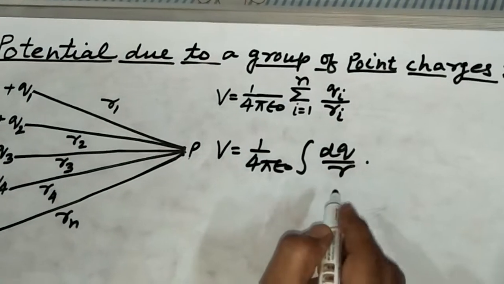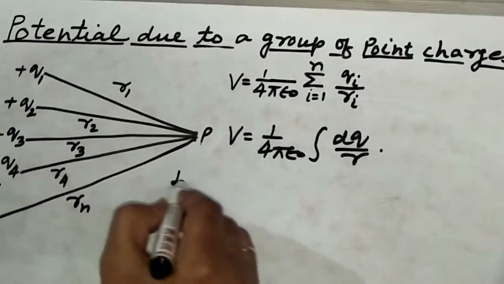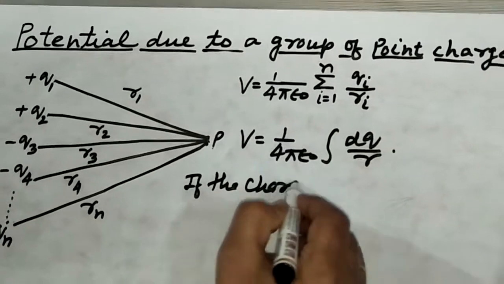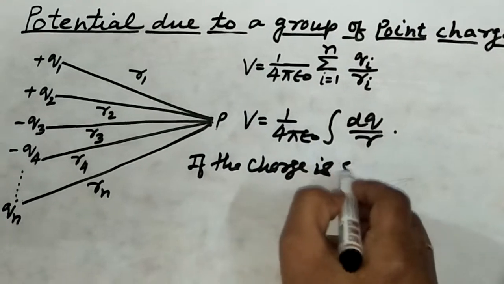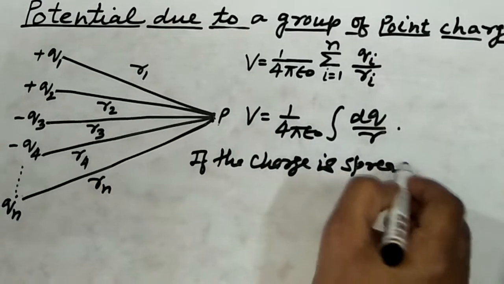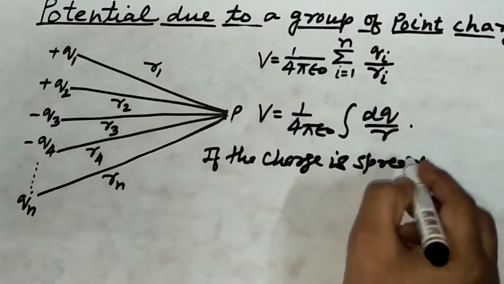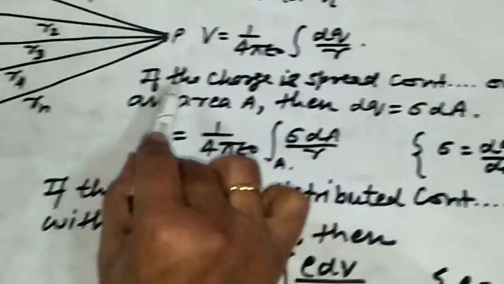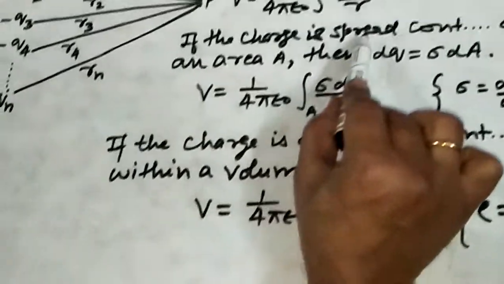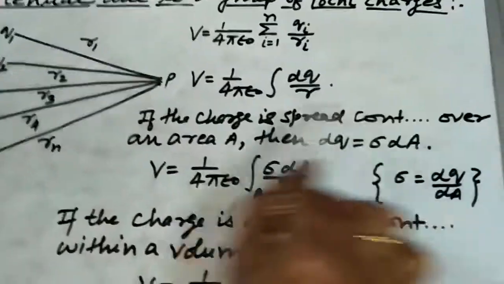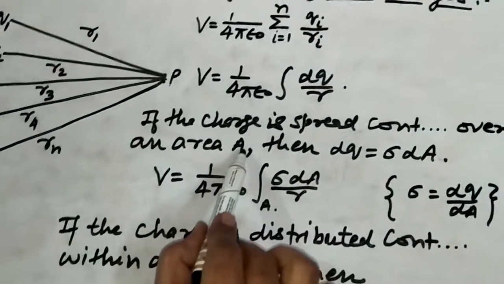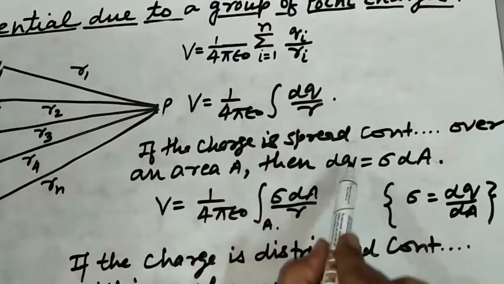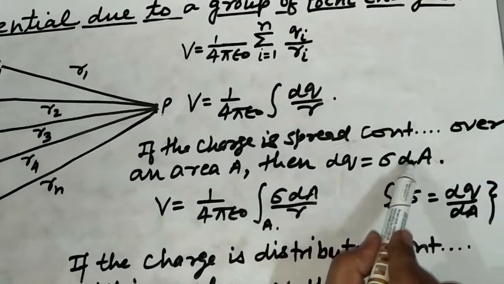And if the charge is spread continuously over an area A, then in the above expression, in place of dq you can write sigma dA.